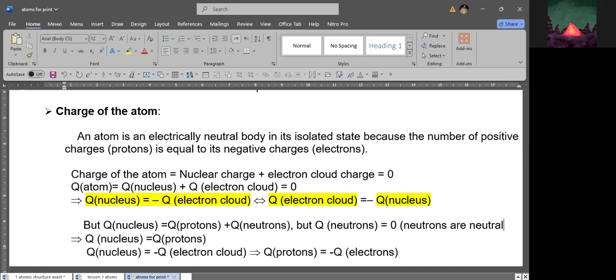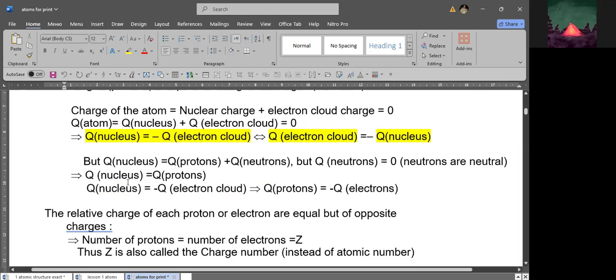So we deduce that the charge of the nucleus is the same as the charge of the protons. The protons give the nucleus its charge. In other words, the nucleus charge depends on the charge of the protons because the neutrons are neutral. We wrote this above.